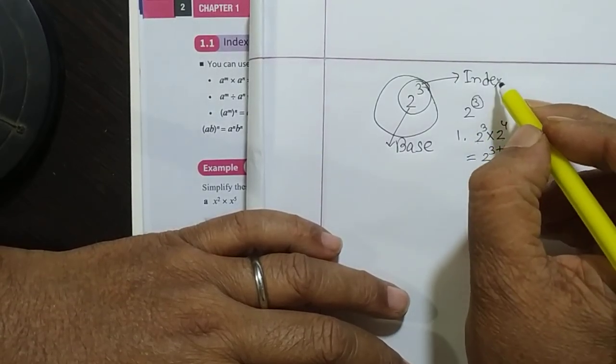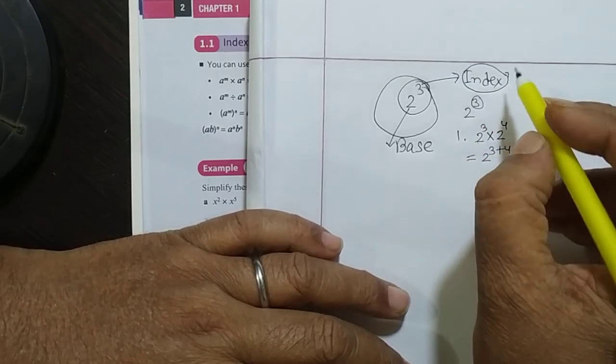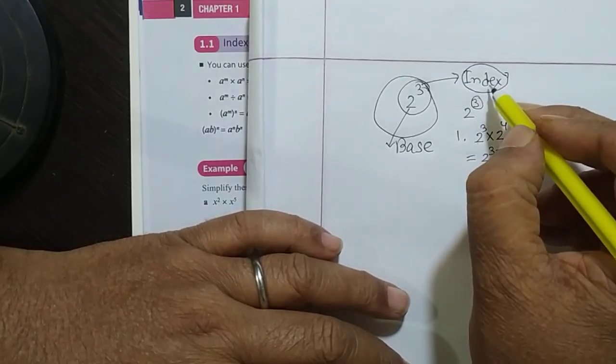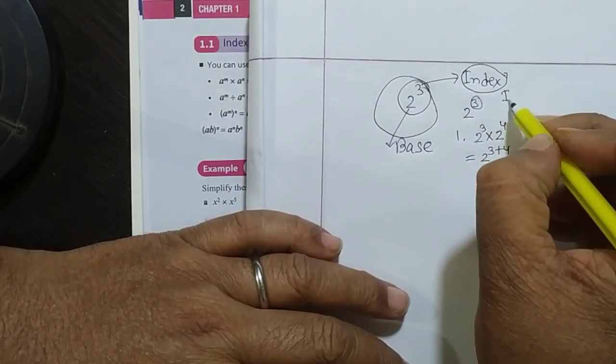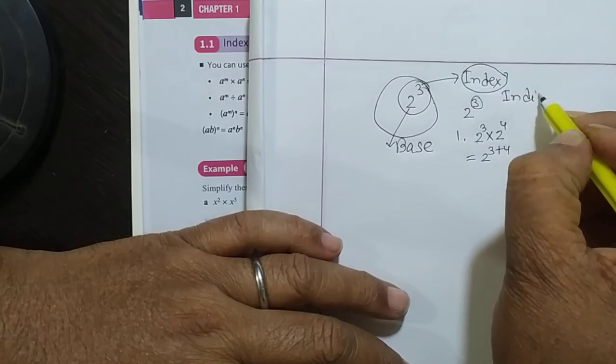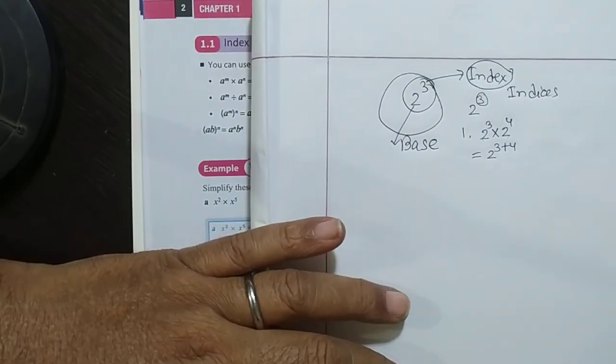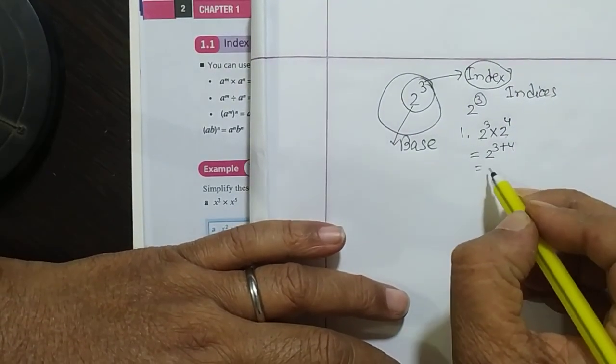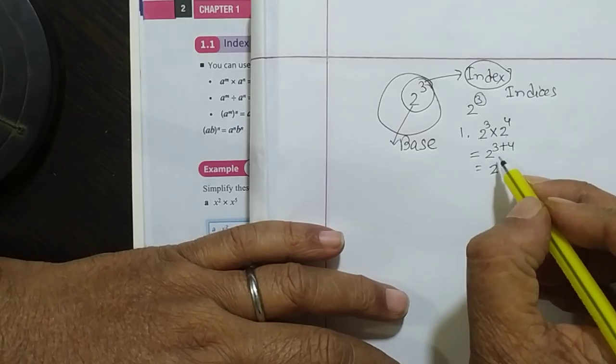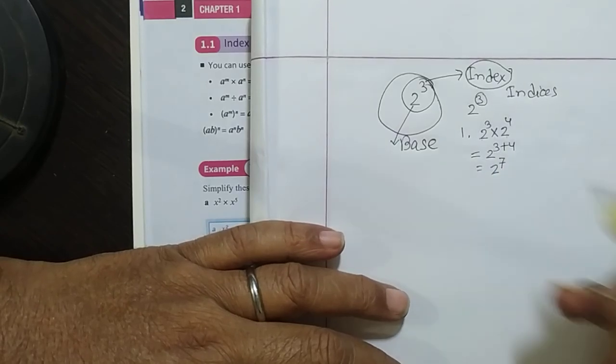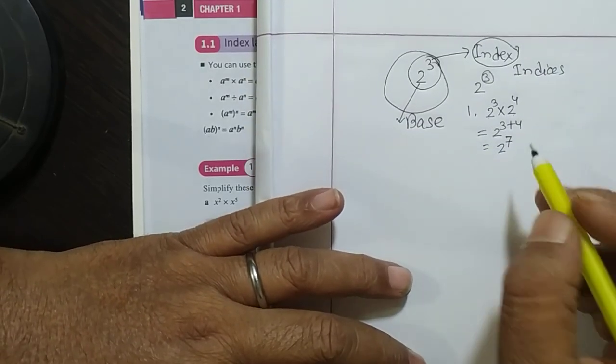And one more thing, index is a singular form. The plural form of this word is indices. So from this example, we can make 2 to the power of 7. 3 plus 4, 7.